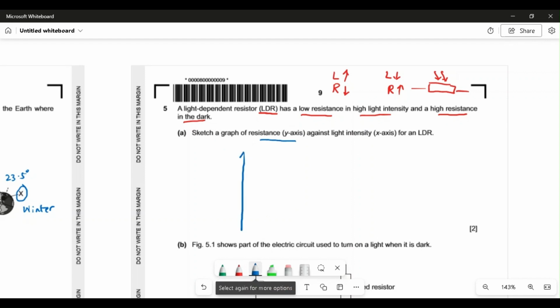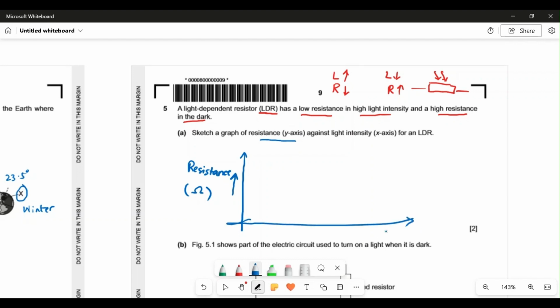This is the resistance, usually measured in ohms, with the symbol omega. It is increasing upward. On the other hand, the x-axis shows light intensity, measured in watt per square meter, and it is increasing to the right side.